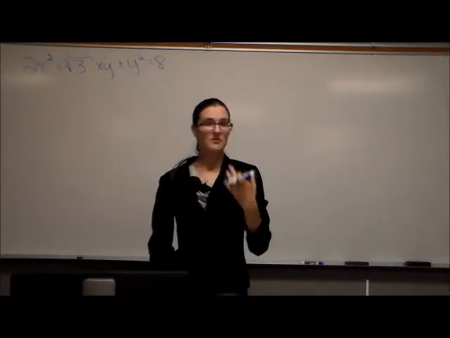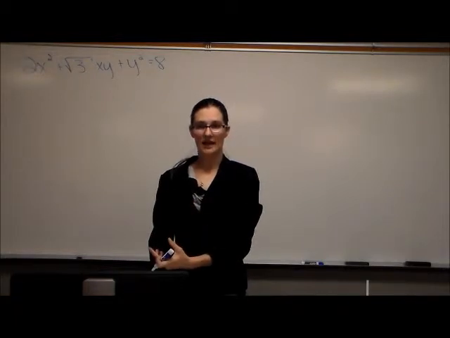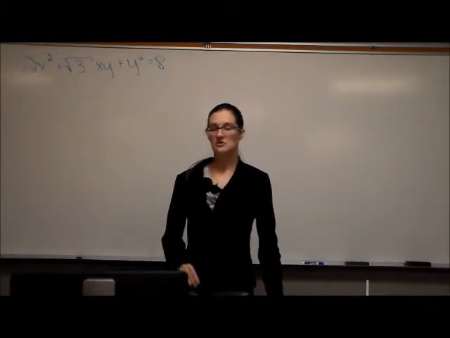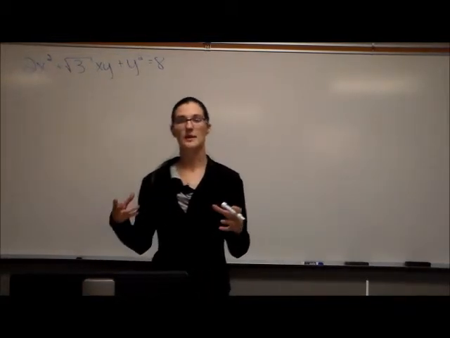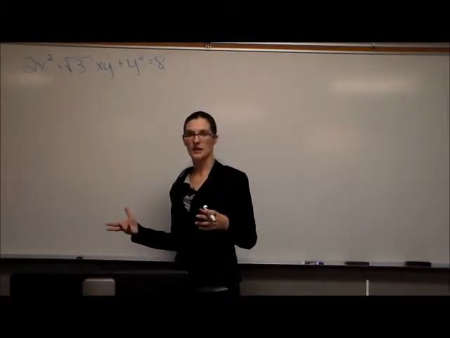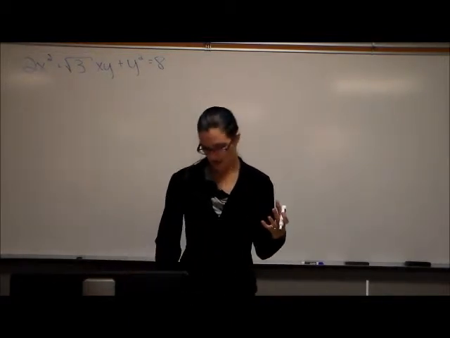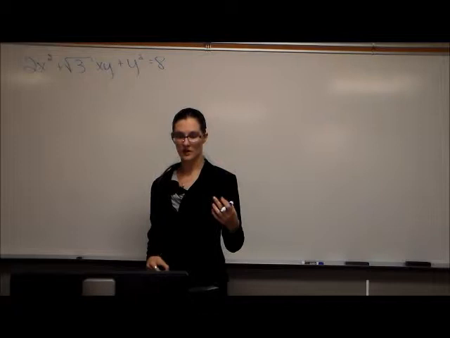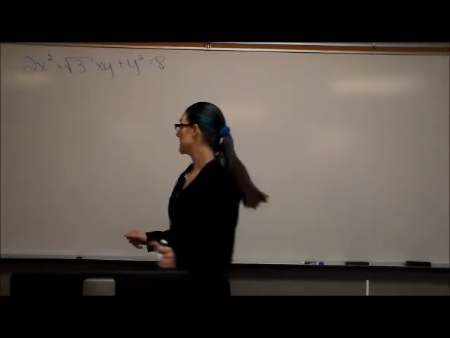We have no idea what the angle of rotation is. Our job is to figure that out. So we're going to use the rotation formulas as they are. You're plugging in x prime cosine of theta minus y prime sine of theta for x, and x prime sine of theta plus y prime cosine of theta for y. So everywhere there's an x or y, you plug in your rotation formula.